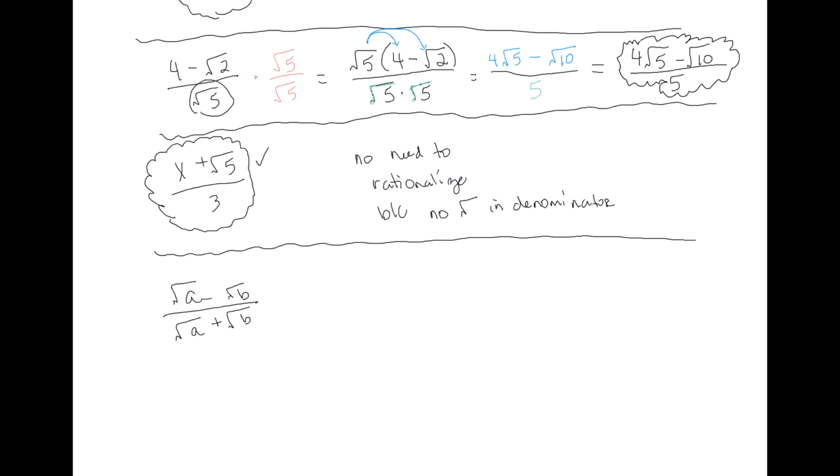Square root of A minus square root of B over square root of A plus square root of B. What's our problem? Do we have a problem? And what do we need to multiply it by to fix it if we have a problem?